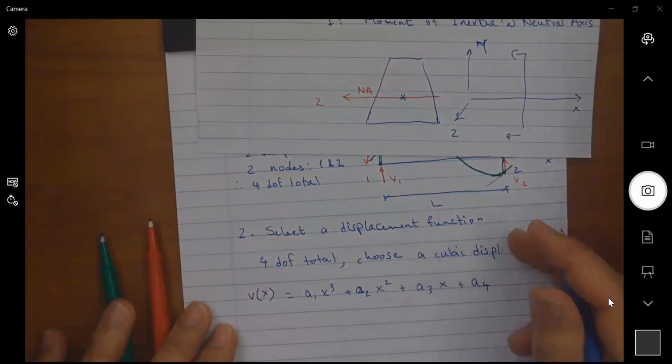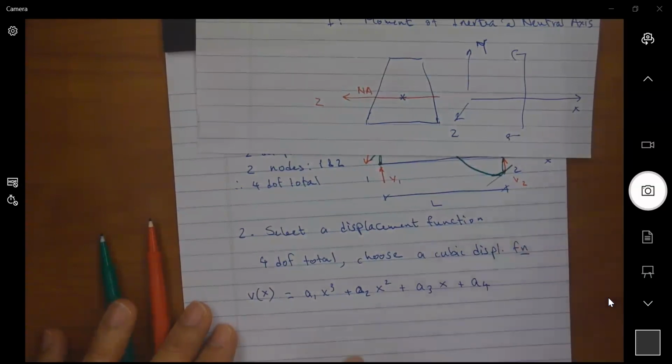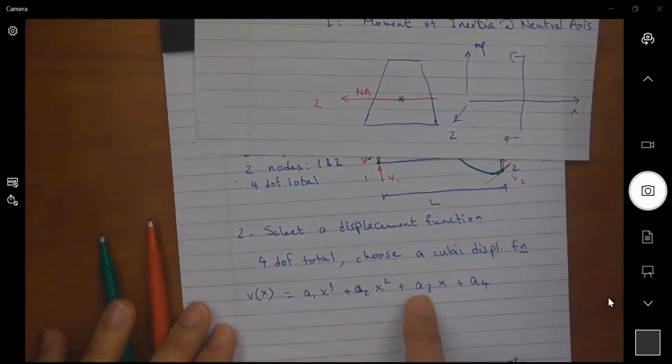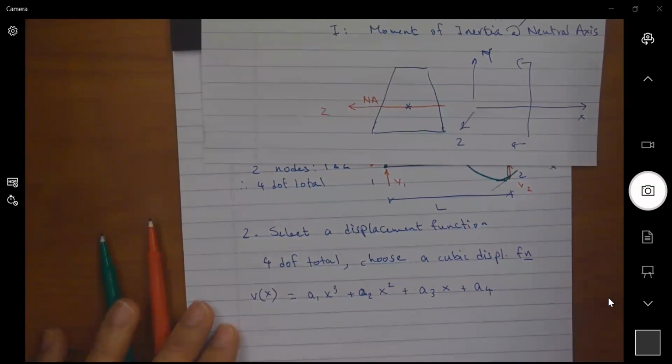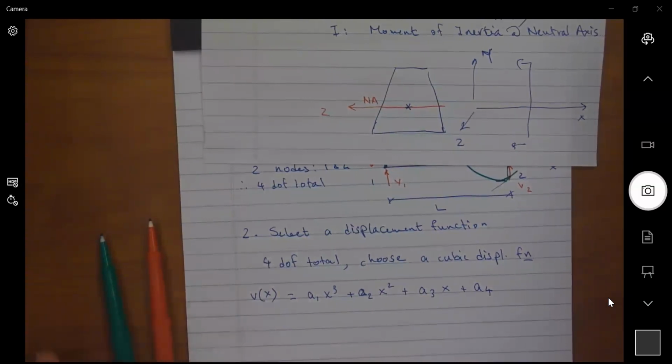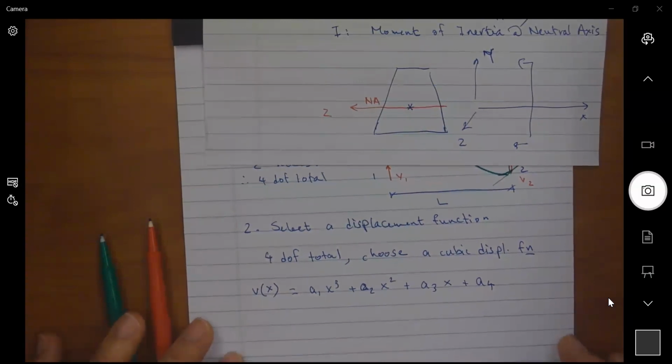So when we had 4 degrees of freedom, we have these 4 parameters corresponding to the 4 degrees of freedom to solve for. So this is why our polynomial is a 3rd degree polynomial, or we picked a cubic function.